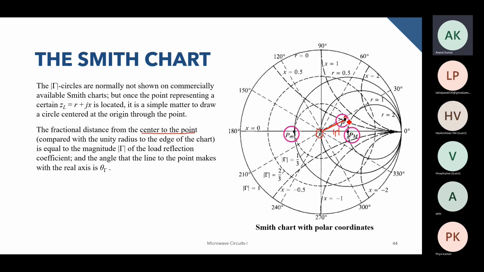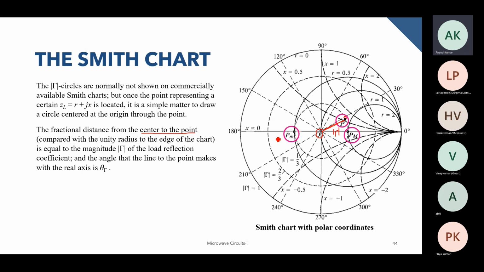So if you have some particular point as load impedance, you normalize it, plot it in this Smith chart, and just find out the distance between the origin and that particular point, and the distance will give you the load reflection coefficient. So it's that easy. You don't need to calculate anything except that you'll have to normalize the load impedance.